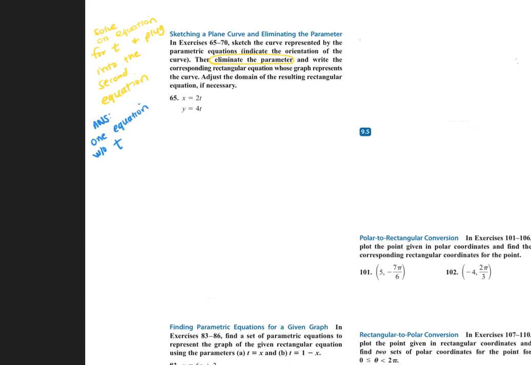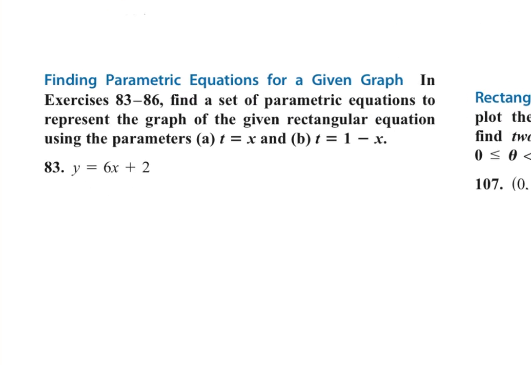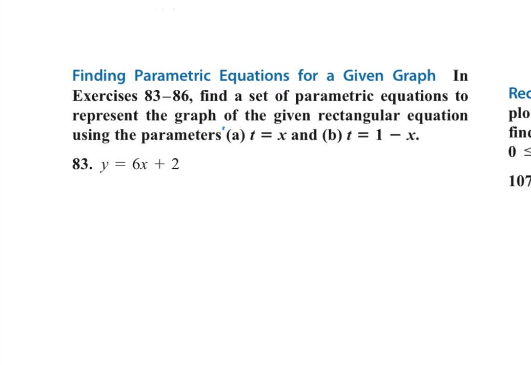And then the third type was making a set of parametric equations. So this is the one where let's just say this was your equation. One of the equations is going to have a t in it and one isn't. So you're going to solve the one that has the t for the other variable.